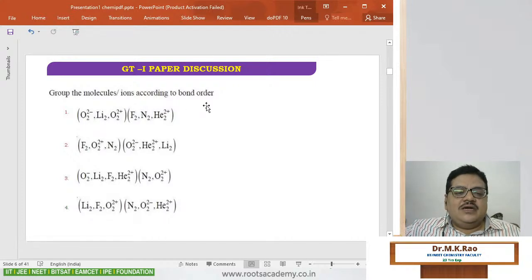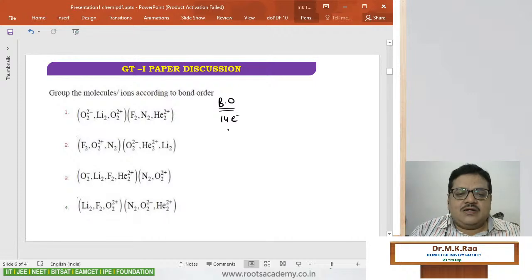Group of ions according to bond order. They are asking according to bond order. So look very properly. Here bond order has a formula.